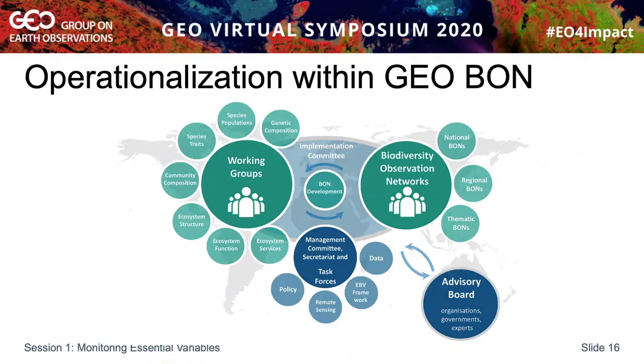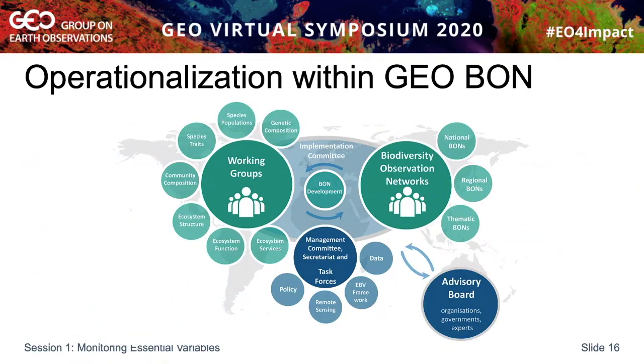So what's interesting here is that each of the EBV classes, each of the 6 classes, has a dedicated working group. We also have a working group focusing on ecosystem services. And one thing I haven't mentioned until now is that this working group is working on the conceptualization of the framework for the Essential Ecosystem Services Variables, or EESVs.